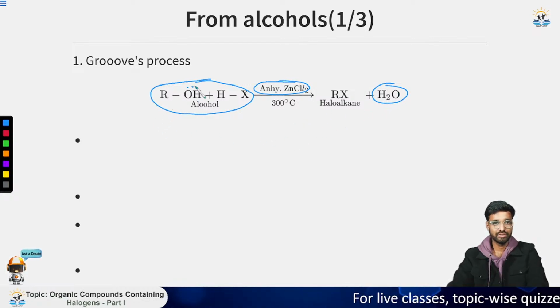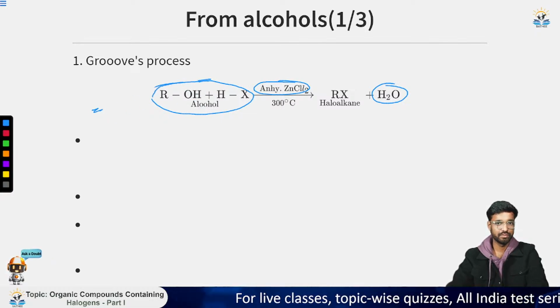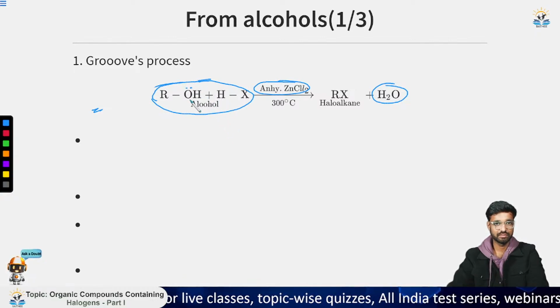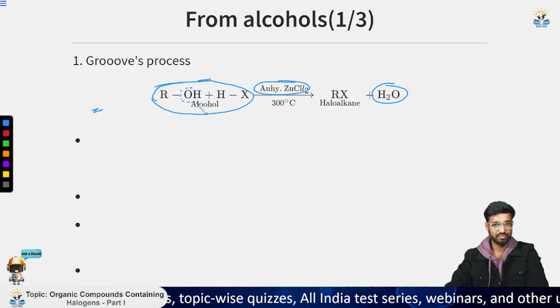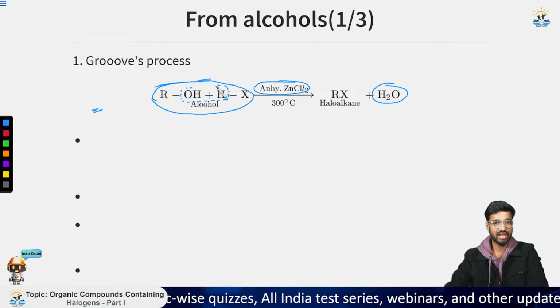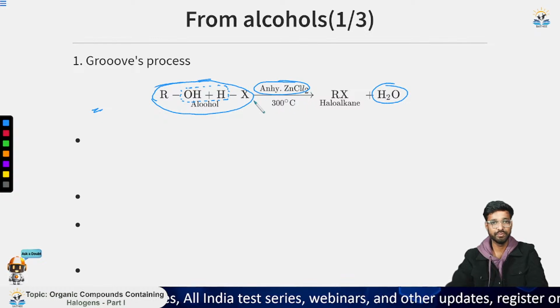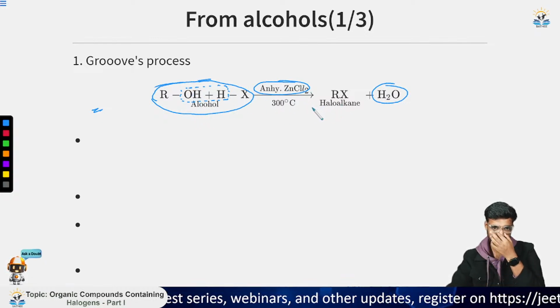Now this lone pair of O will react and give us the product. Since we are using a dehydrating agent, that is anhydrous ZnCl2, the H2O will be removed and RX will be formed. Okay.